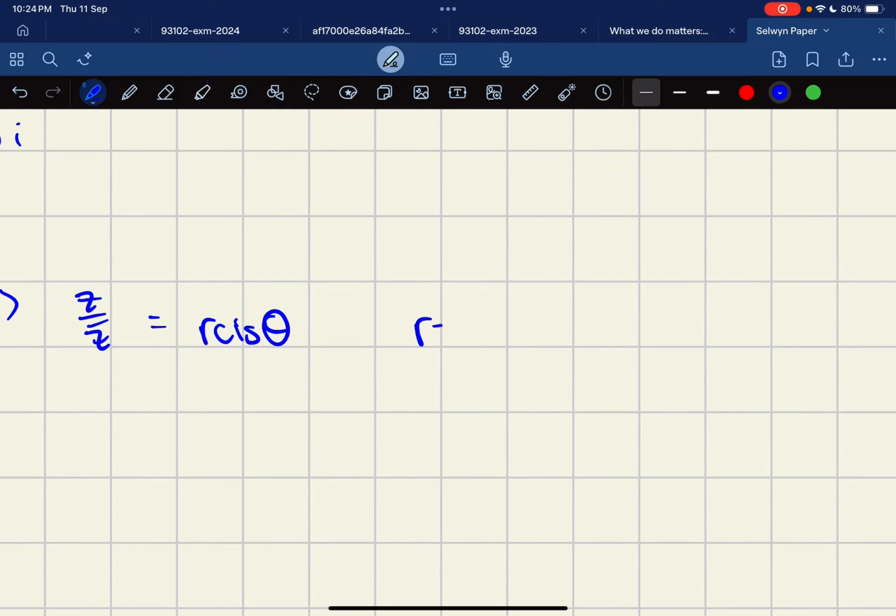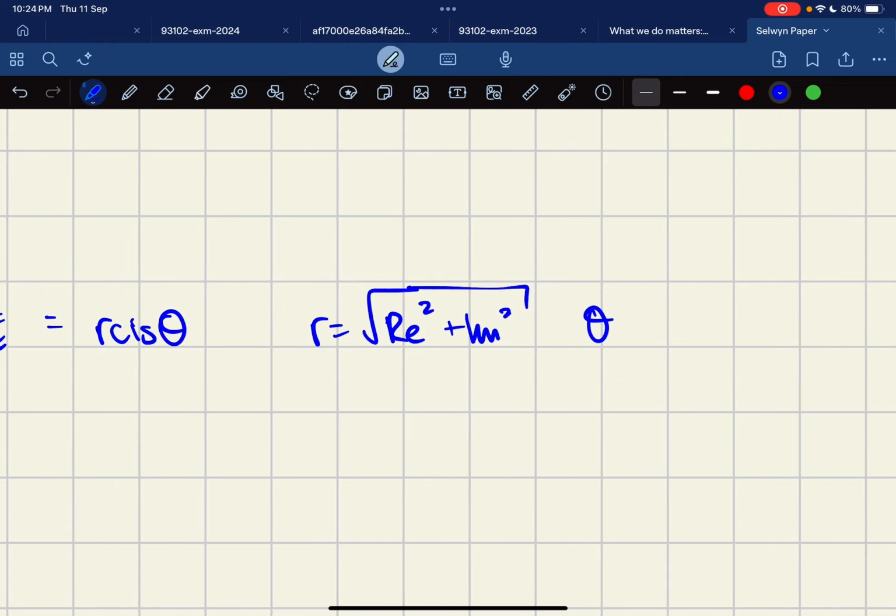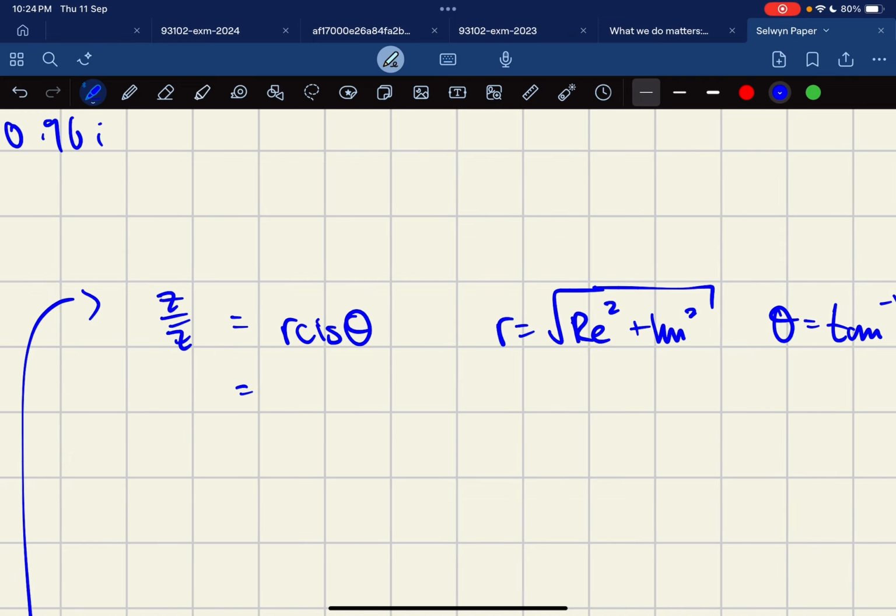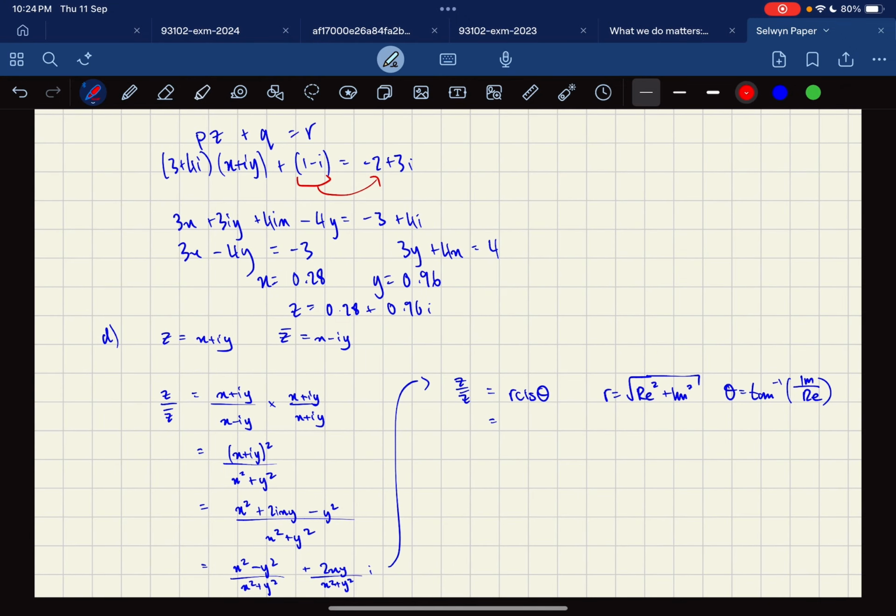Remember that r is defined as the square root of the real part squared plus the imaginary part squared, and theta is the inverse tangent of the imaginary part divided by the real part. So the real part of this expression is x squared minus y squared over x squared plus y squared.